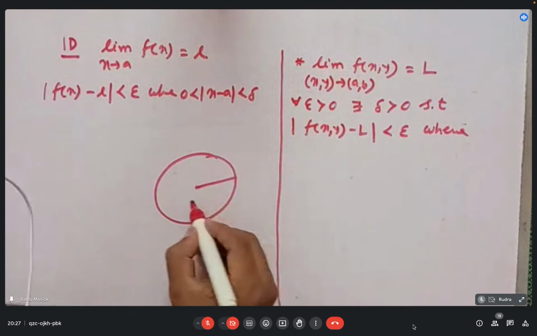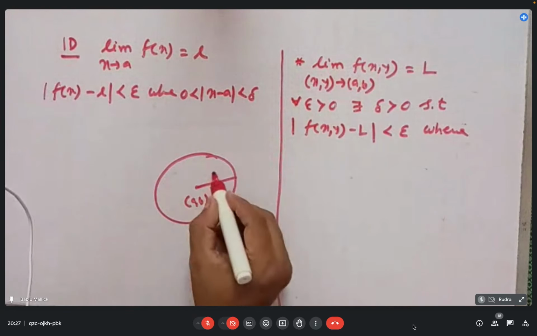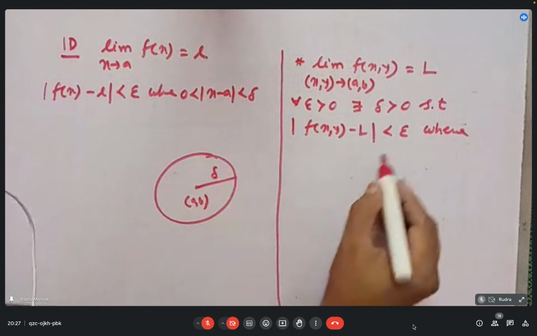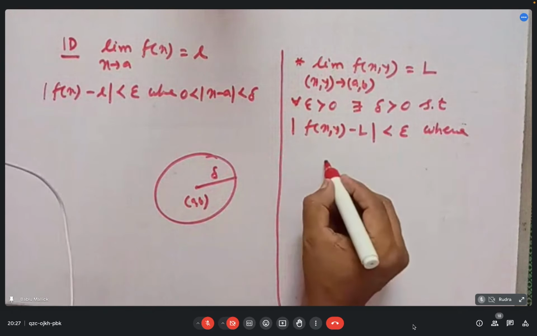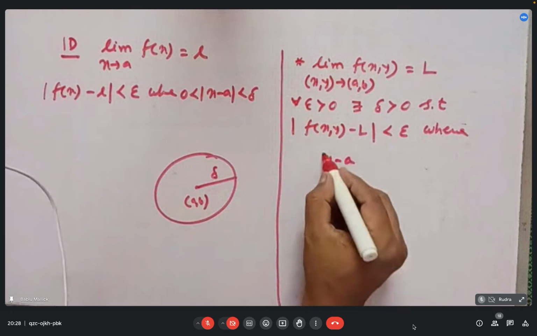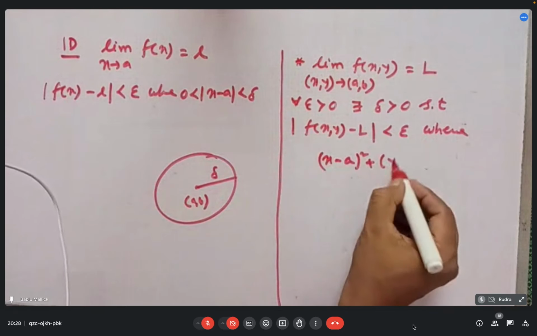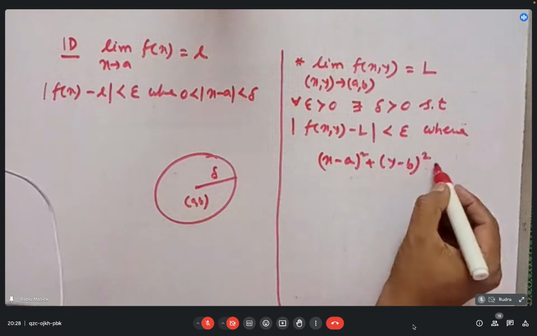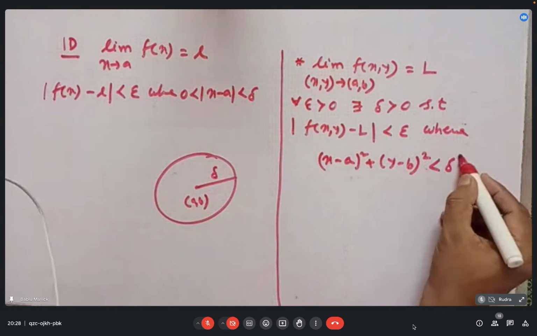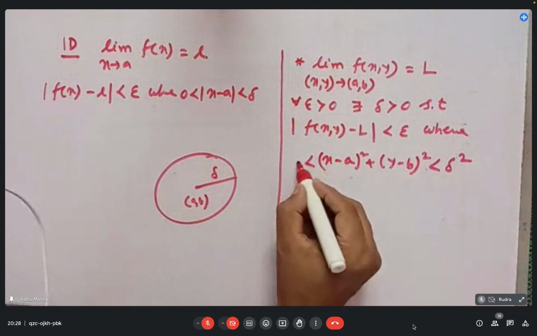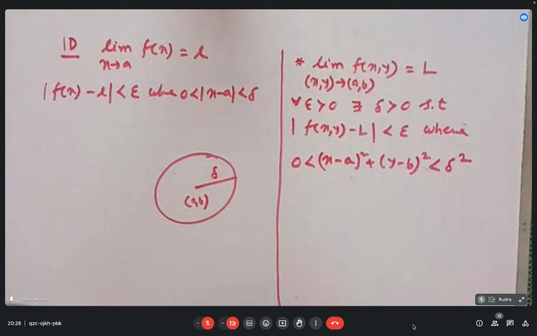This is the point (a, b). Its circular neighborhood, the delta neighborhood, is whenever (x minus a) whole square plus (y minus b) whole square is less than delta square, greater than 0.